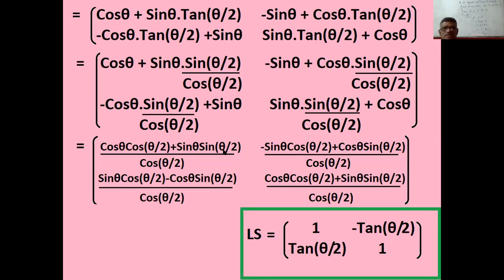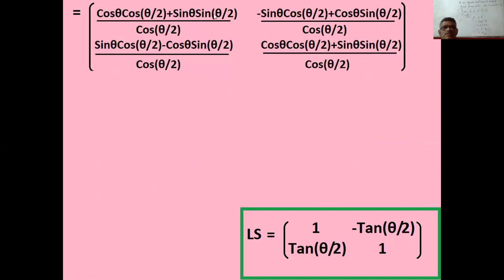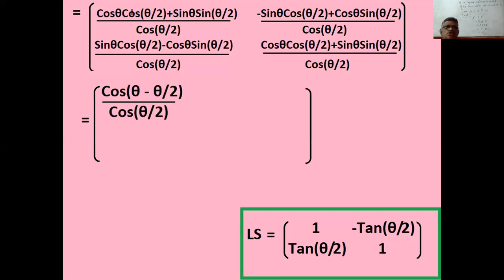Cos A cos B plus sin A sin B is cos A minus B, right? Whereas sin A cos B minus cos A sin B is sin A minus B. And in the second term, I have minus sin A cos B plus cos A sin B. That means if you take minus sign out, you have minus of sin A cos B minus cos A sin B. And accordingly, you can write this as cos A minus B, that is cos theta minus theta by 2.